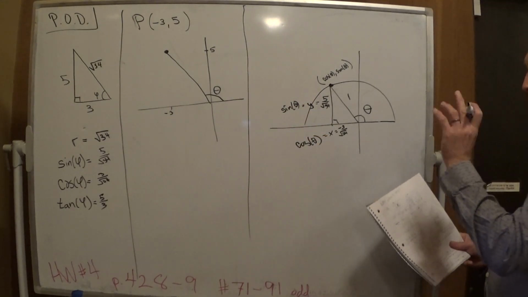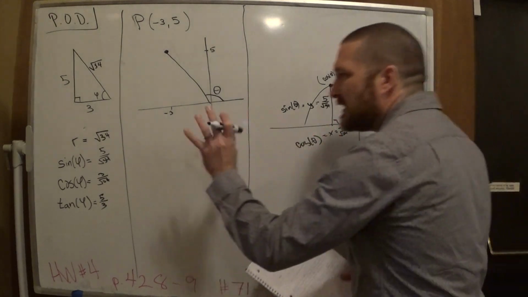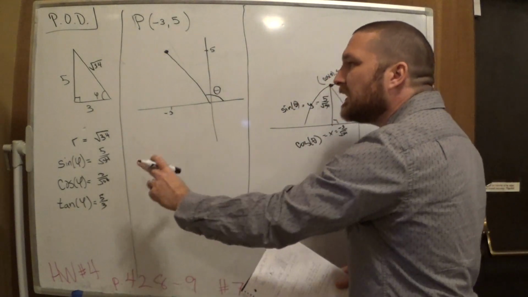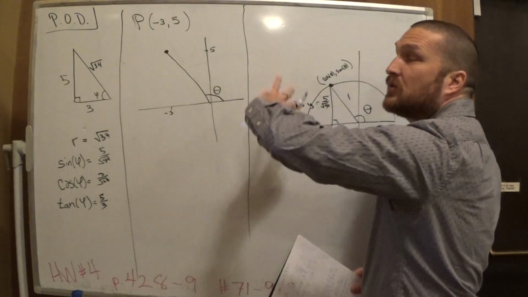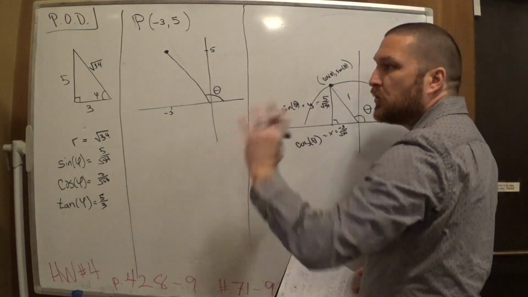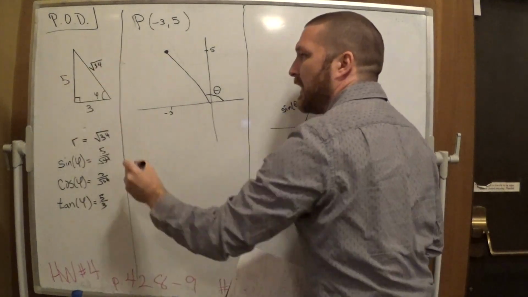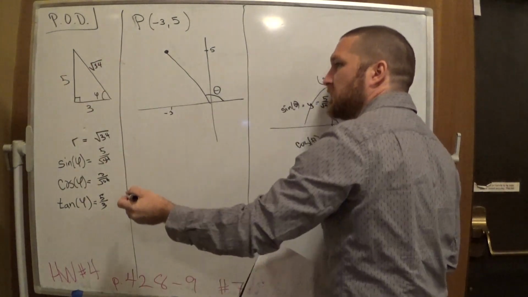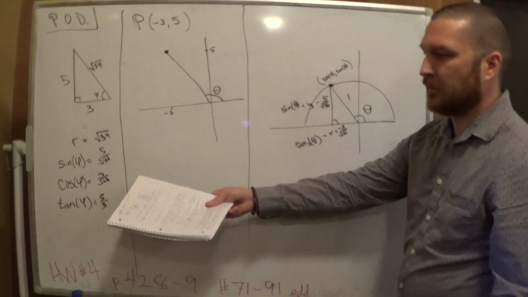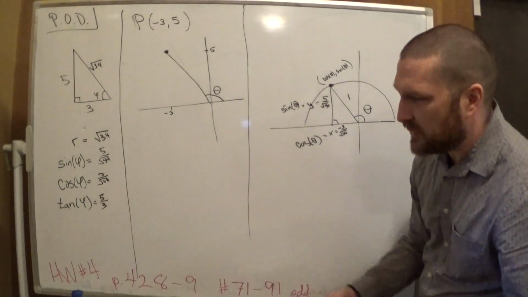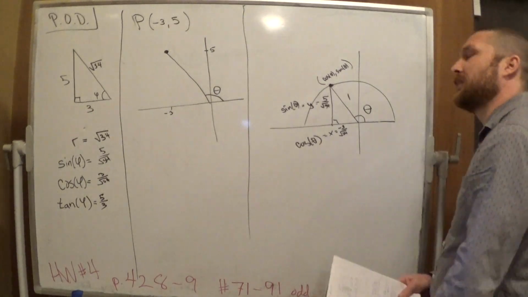But what I really like here is that by this point, it should be drilled into your head that if you're given any right triangle, in any orientation, you should be able to find opposite over hypotenuse, adjacent over hypotenuse, opposite over adjacent. You'll notice I didn't bother with cosecant, secant, and cotangent because they're just the reciprocals, right?